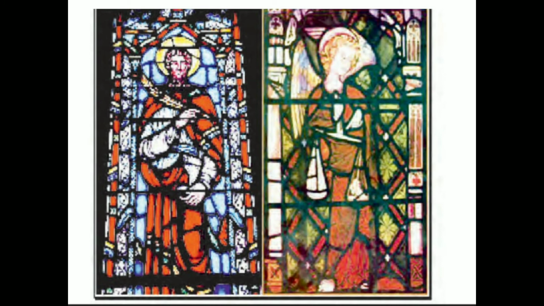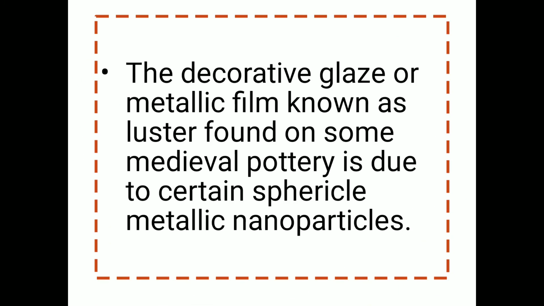This is the beautiful ruby red color, and it is due to the presence of gold and silver nanoparticles. The decorative glaze or metallic film known as luster, which is found on some medieval pottery, is due to certain spherical metallic nanoparticles.